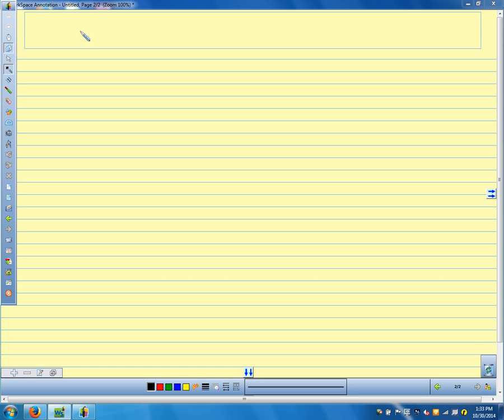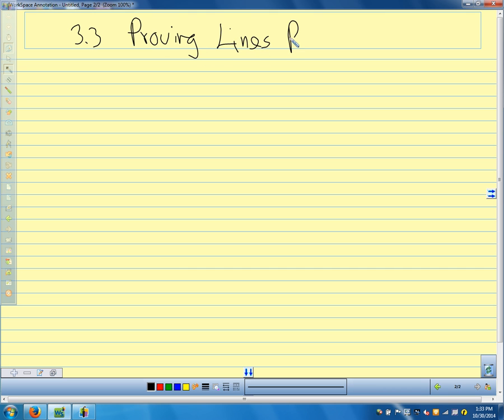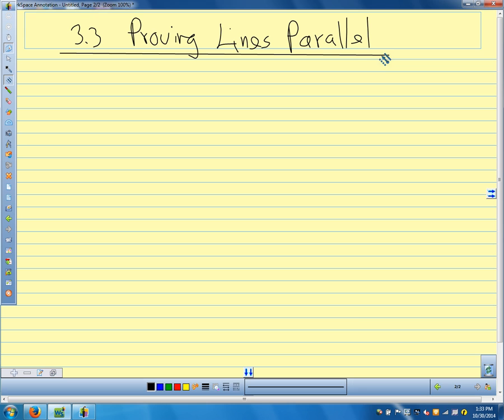So we're in section, what are we at, 3.3. So we want to know how we can prove that lines are parallel. So on this side of the graphic organizer, we don't know that the lines are parallel.